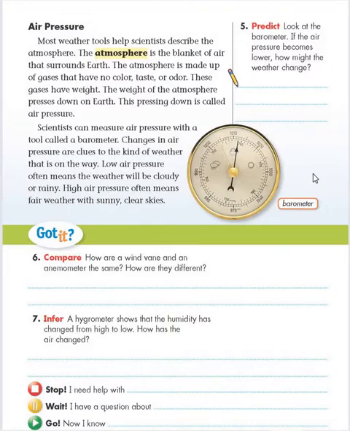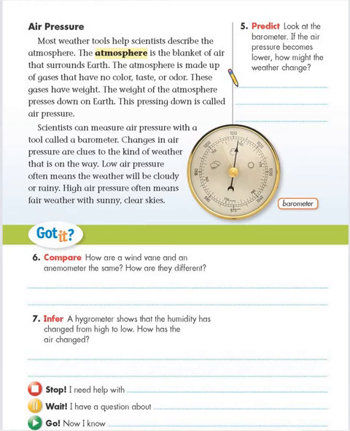The barometer is used to measure something which is called air pressure. Air pressure means the weight of the air on earth, because the air has mass or has weight, so it presses on the objects found on earth, and this tool is used to measure the air pressure. This is lesson 3.